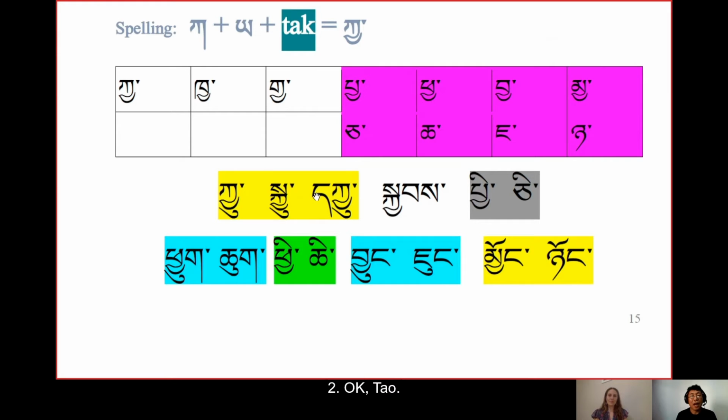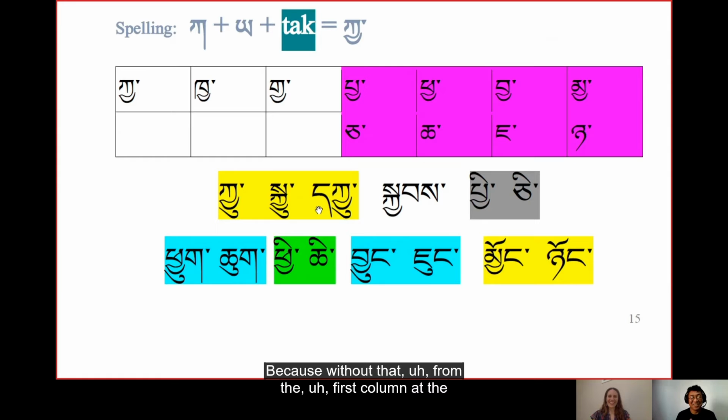Tao, ka, ya, ta, ya, shabju, ju. So let's do this without spelling out. Ju, ju, ju. No difference.